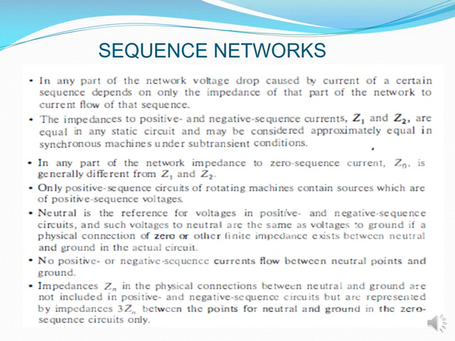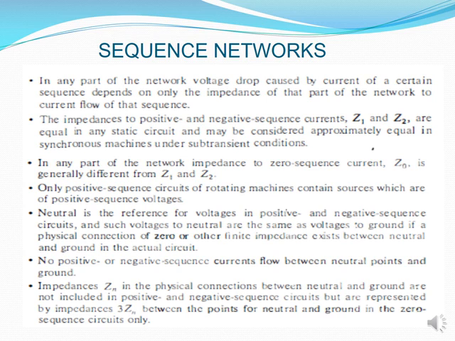Only the positive sequence circuits of rotating machines contain sources, which are of positive sequence voltages. So even if your Z1 and Z2 are exactly the same, when you draw your positive phase sequence and your negative phase sequence, the difference between the two is that on your positive phase sequence, you will also put in your sources and actually draw them up.